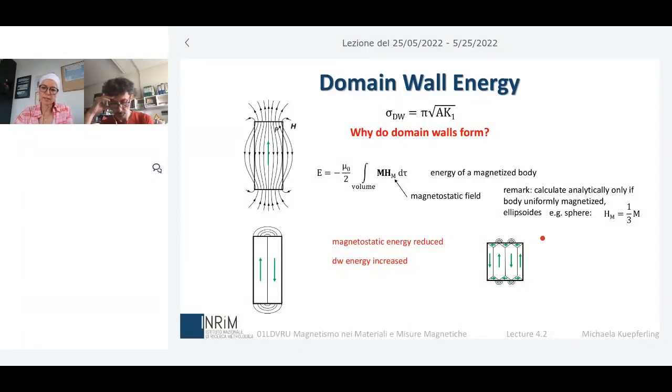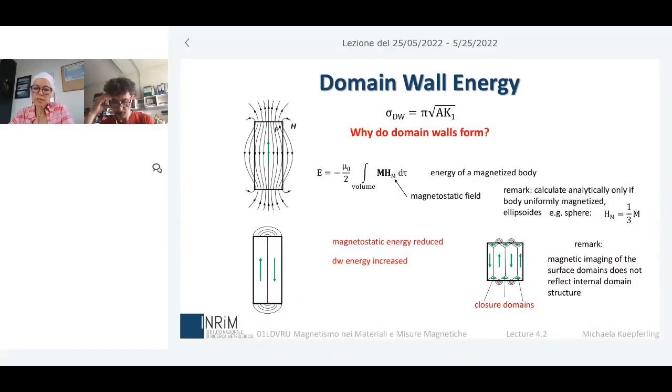If you think that this is a cross section of your material, cutting through your material, then you can really create these tiny magnetic circuits here where the flux is almost completely closed inside this magnetic circuit and is only coming out here at the surface where we have these 180-degree domain walls between the domains. How much this is preferable, of course, depends on how strong your magnetostatic energy is. These domains, by the way, are called closure domains.